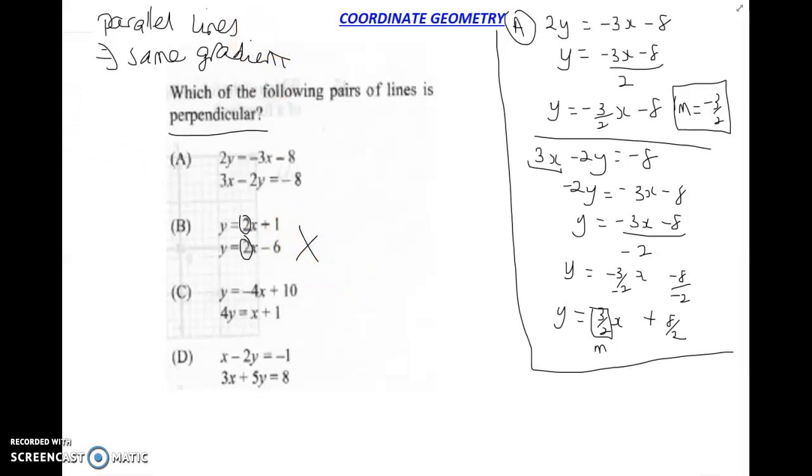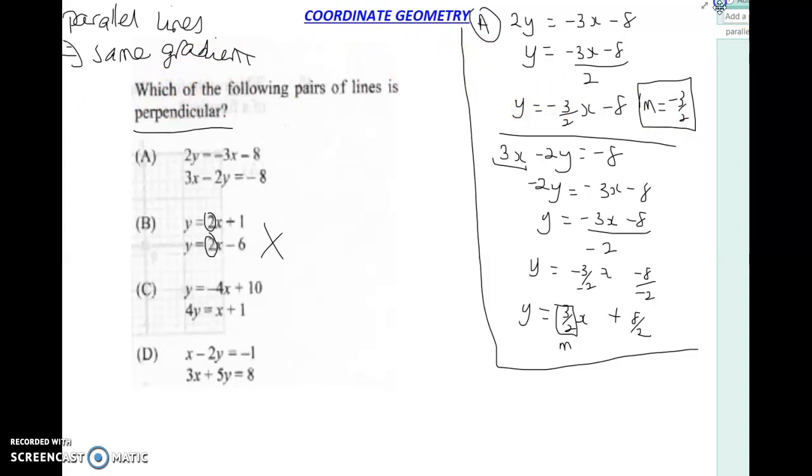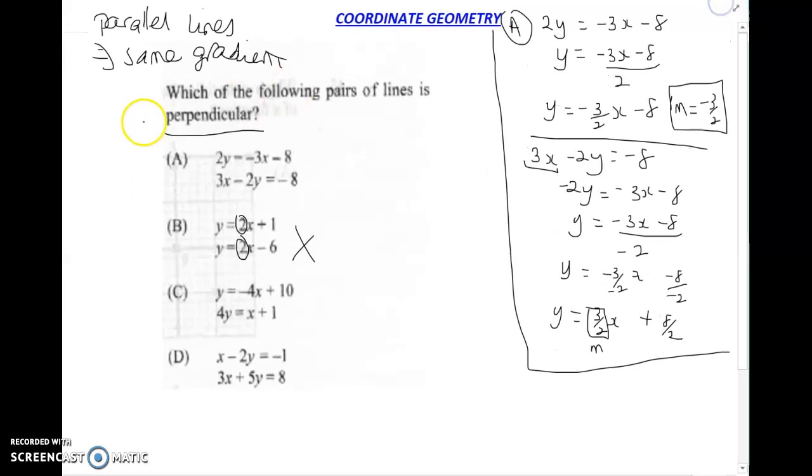For perpendicular, just so we could move quickly with that, for example, if m is 2, the perpendicular gradient would be negative, the reciprocal: you flip the number.